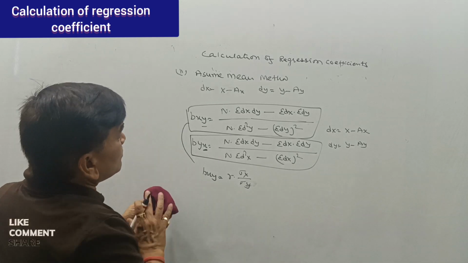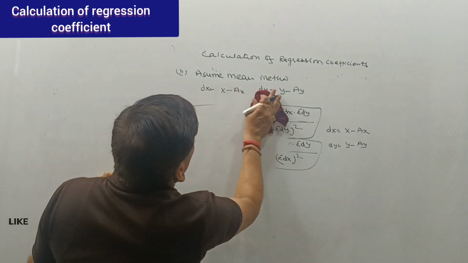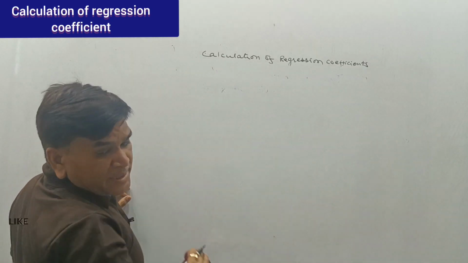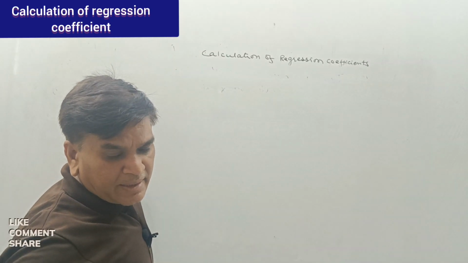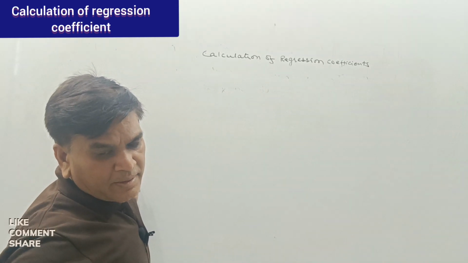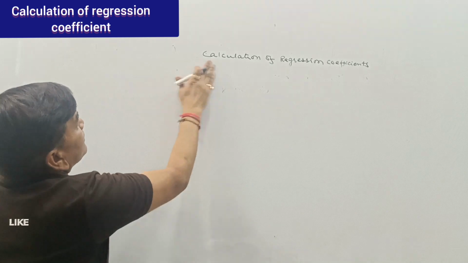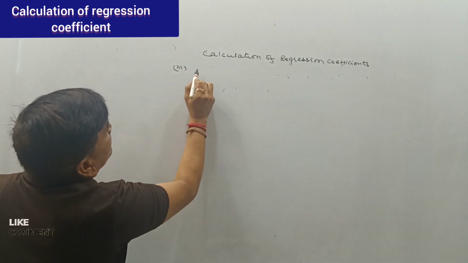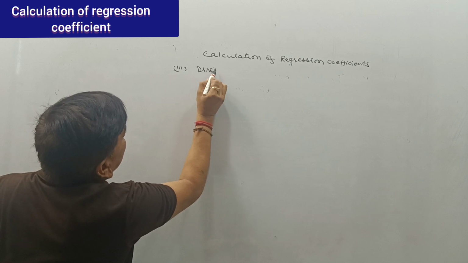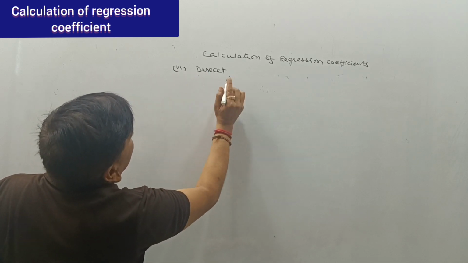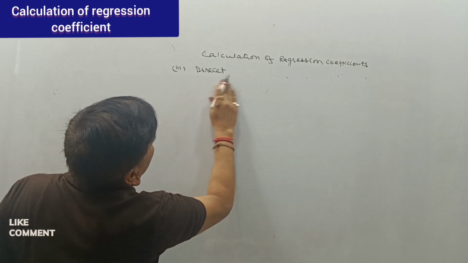For calculating the regression coefficient, we have one more method, the third method, that is called the direct number method.